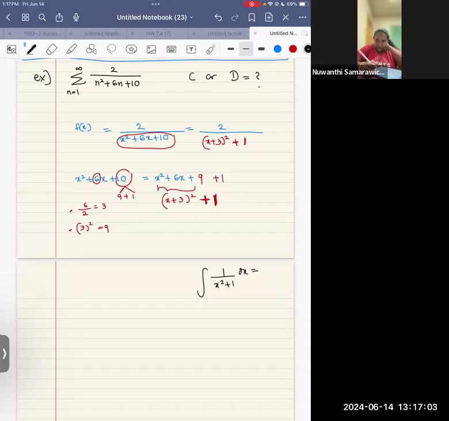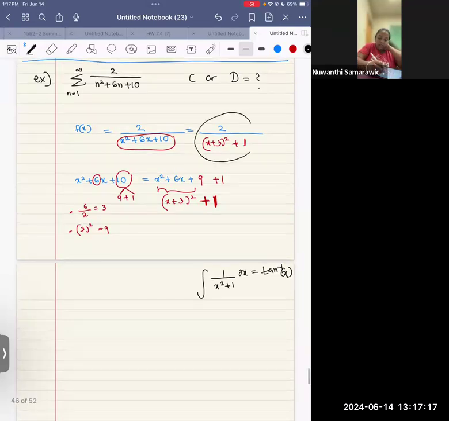Can you remember? Tan inverse, right? This is tangent inverse of x. So you can see this is kind of like this. So if we use the substitution, we can use this one.